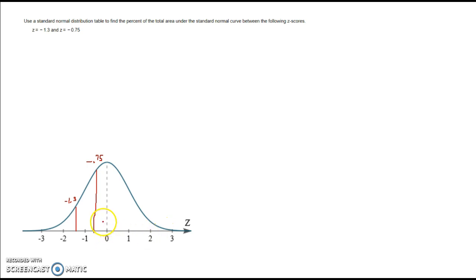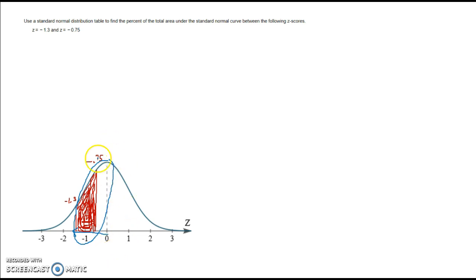What I want to do is find the area in between those two numbers. What percentage of the data values are between these two? Well, let's think about this. If I look in the table and find the area from the mean over to negative 1.3, that'll be this whole area here.